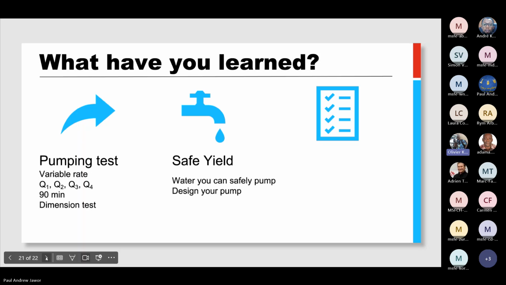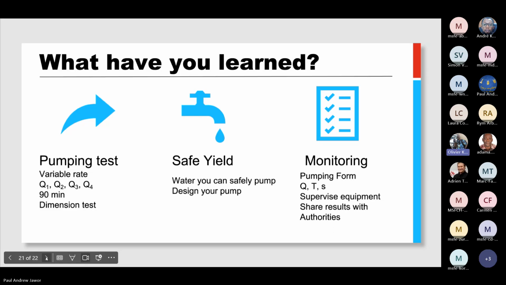For this to happen, we should ensure that the safe yield, the time, the flow rates and the equipment are good, and then we have all of this together with the information from the borehole that was drilled yesterday.